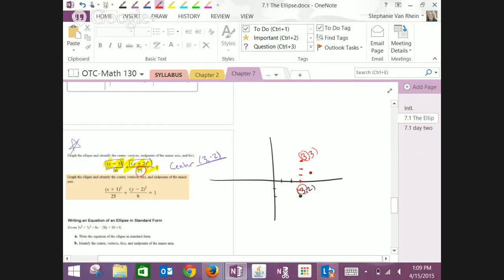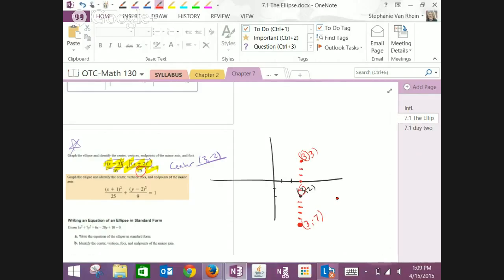You see that? So I also go down 5, right? 1, 2, 3, 4, 5. So what's this point? 3, minus 7, right? Minus 5 plus minus 2 is minus 7. Do you guys see that?